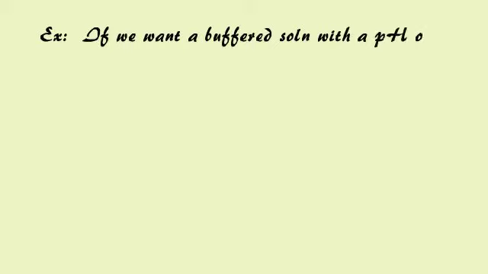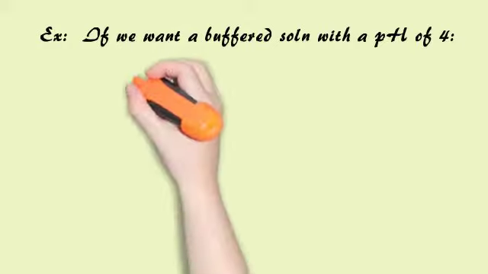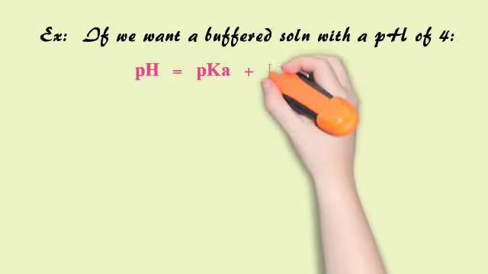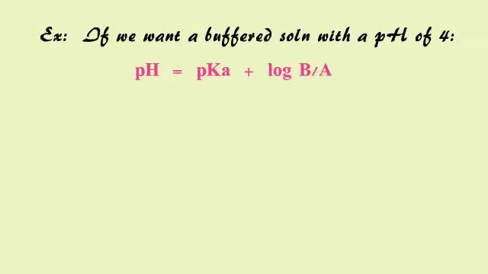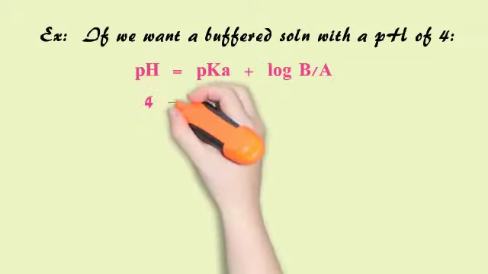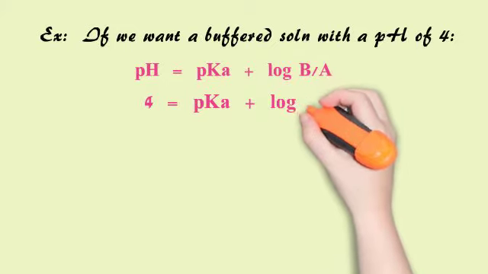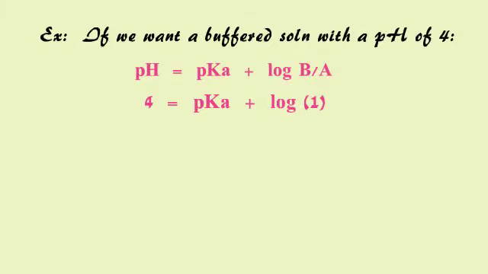So, as an example, if we want a buffered solution with a pH of 4, go back to our handy-dandy little equation. pH equals pKa plus the log of the base over the acid. Plug in 4 for pH equals pKa plus the log of 1.